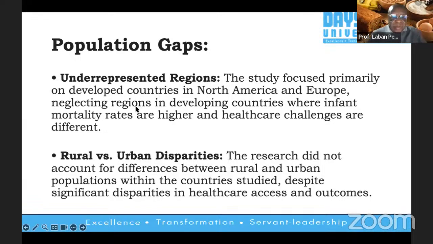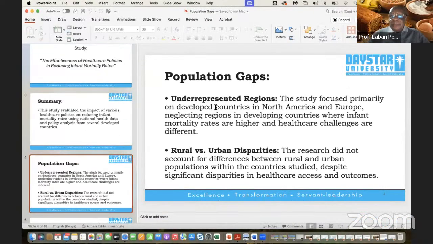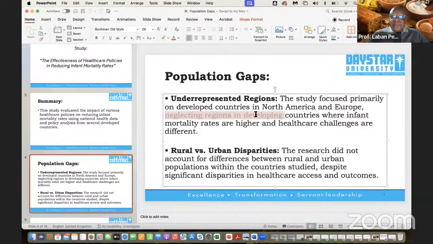I want all of us, and please allow me to go to this so that I can highlight something. Underrepresented regions. When you see regions, this is neglecting regions in developing countries. When you see that, you already know that this has something to do with populations. And then there is infant mortality rates.